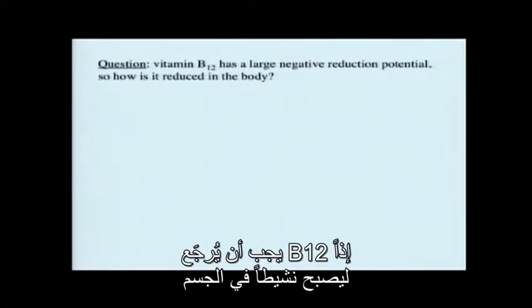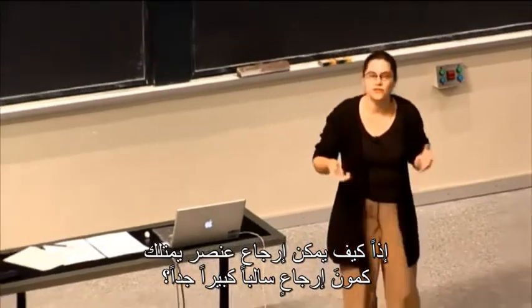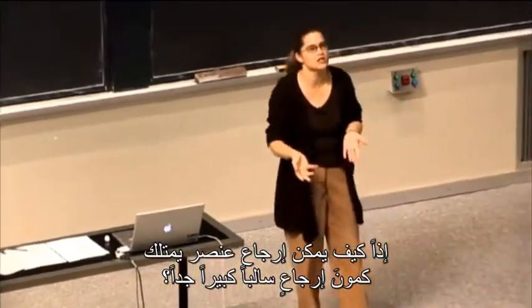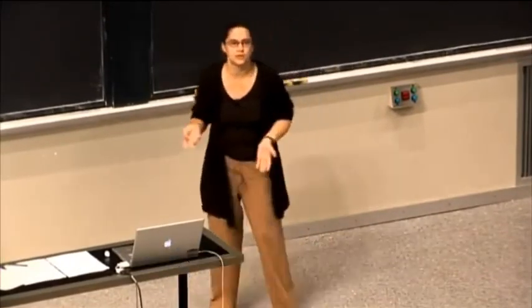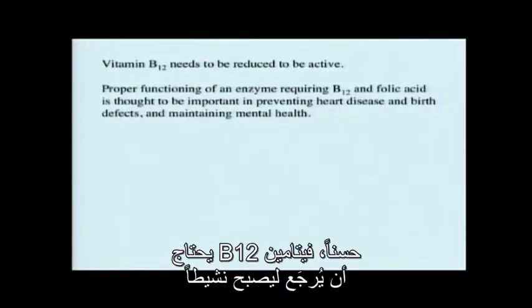And so it has to be reduced to be active in the body. So how can something with a very large negative reduction potential be reduced? That's the question. Why should you care? Well, because vitamin B12 needs to be reduced to be active.